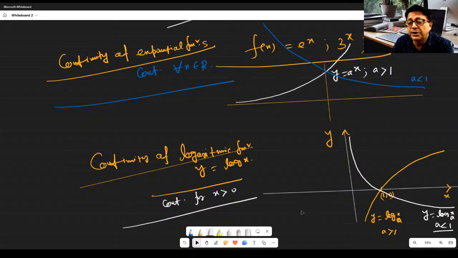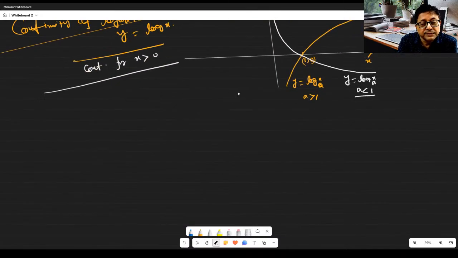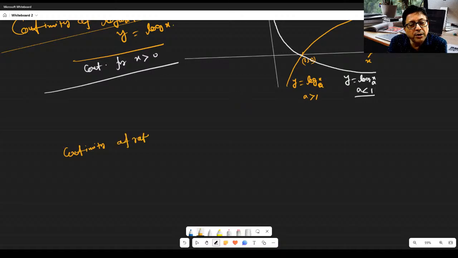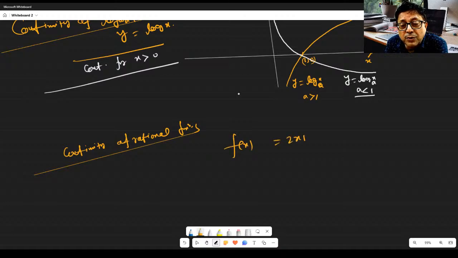Exponential, logarithmic, trigonometric, polynomial, all these are done. There is another one that is called rational functions. Continuity of rational functions. Rational functions are of the form, say, (2x plus 1) by (x minus 3). I am taking this example.